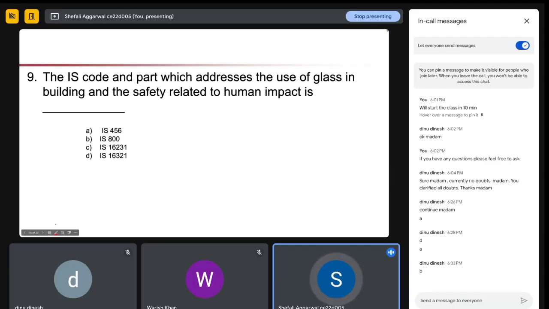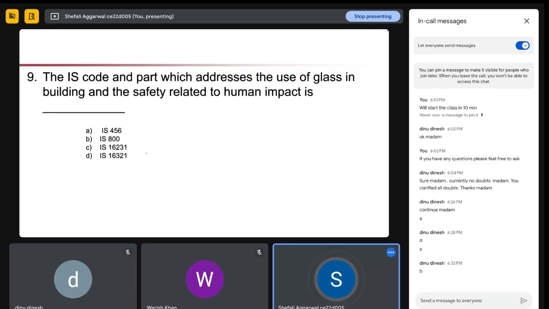So the next question is, the IS code and part which addresses the use of glass in buildings and the safety related to human impact is IS 456, IS 800, IS 16231 or IS 16321.